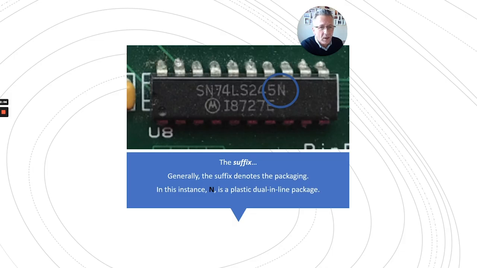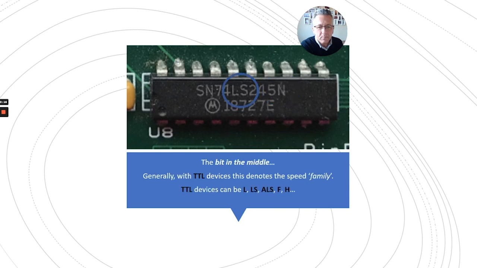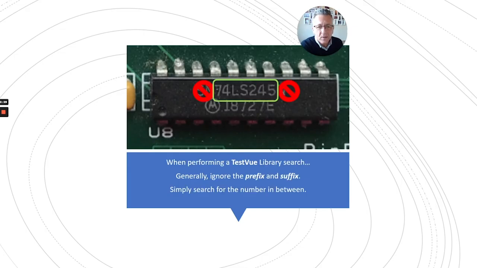The suffix, the little letters on the end of the device, usually indicates the type of package being used. In this case, N is a plastic dual in-line package. And the bit in the middle of a TTL device is the speed family. There are many TTL speed families, L, LS, ALS, etc. So there's quite a lot to choose from. Generally, when you're searching for devices, ignore the prefix, ignore the suffix, and simply search for the bit in the middle. Okay, so that's a general rule of thumb that works.